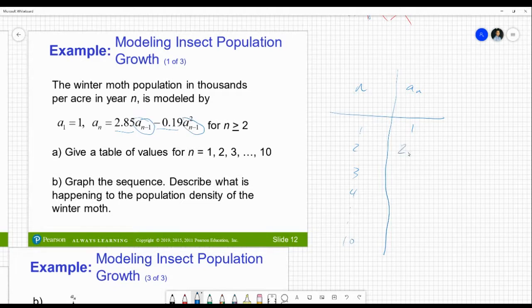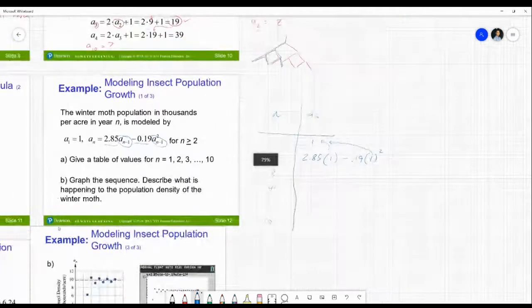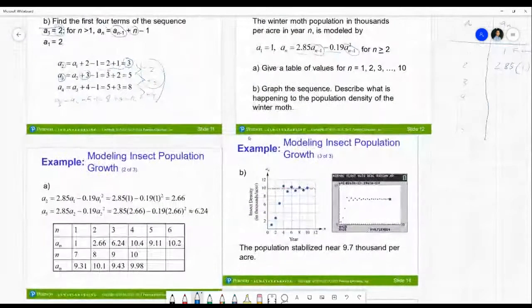So we're going to plug in 2.85 times 1 minus 0.198 times 1 squared. This 1 I got from the previous term, right? Because a_n minus 1 is the previous term. So let's find out what that is.